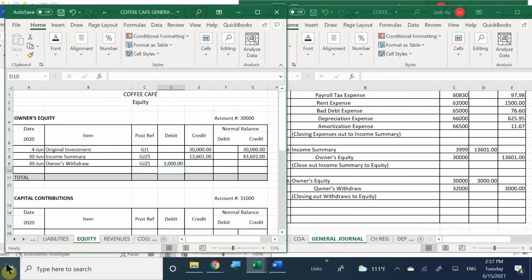So what should be my total balance in owner's equity? 40,601. And where did we see this number? In the statement of owner's equity.